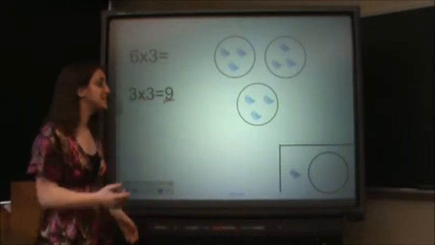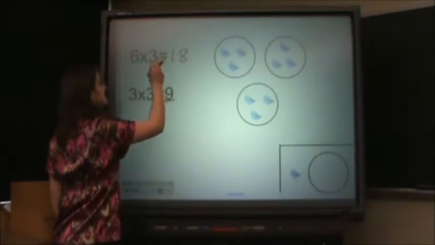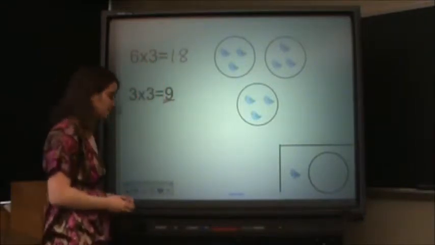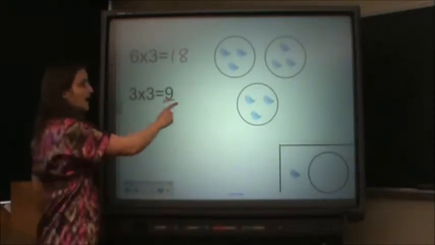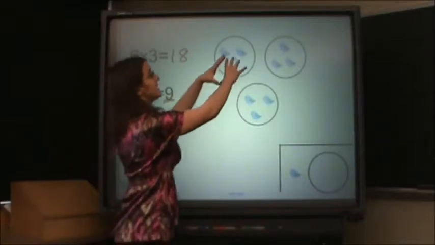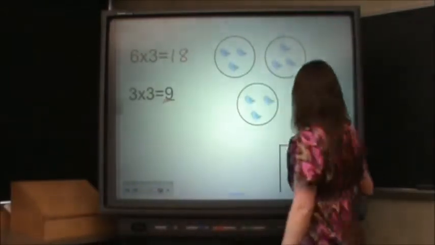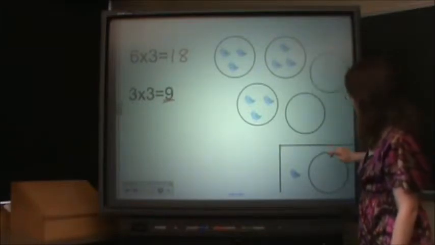And then if I just double that answer to get to 18, that gives me the answer to 6 times 3. Let me show you how it works. I started with 3 sets of 3, right? I have to get to 6 sets of 3. So if I double this, I'll have 3 more sets.